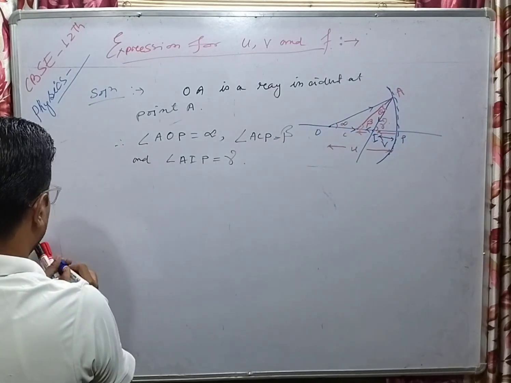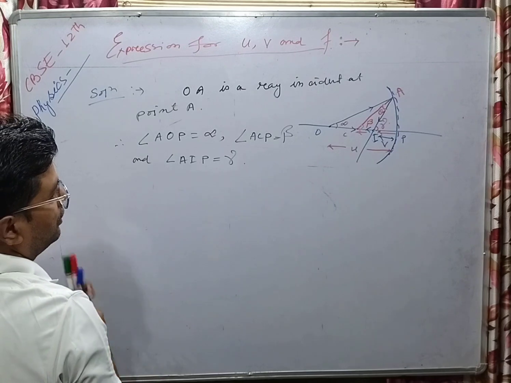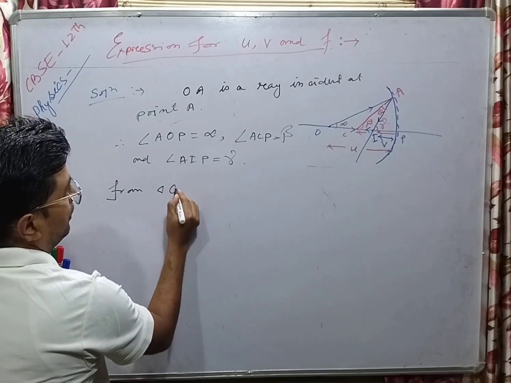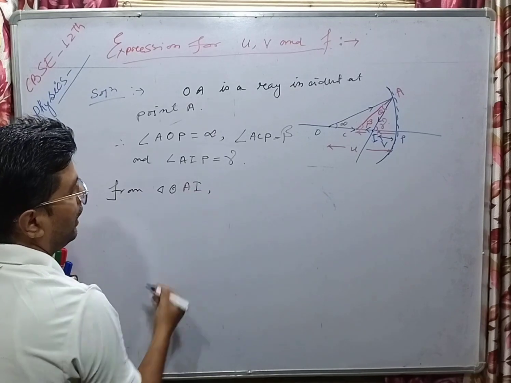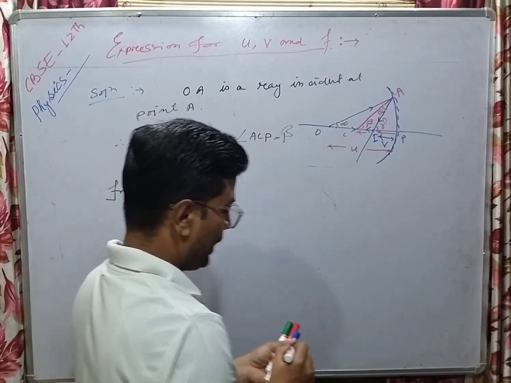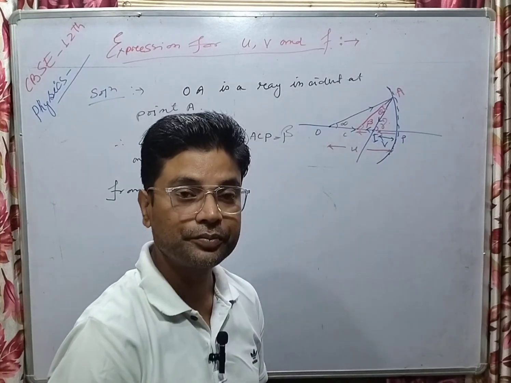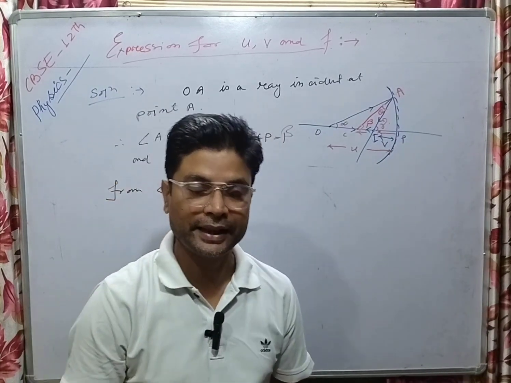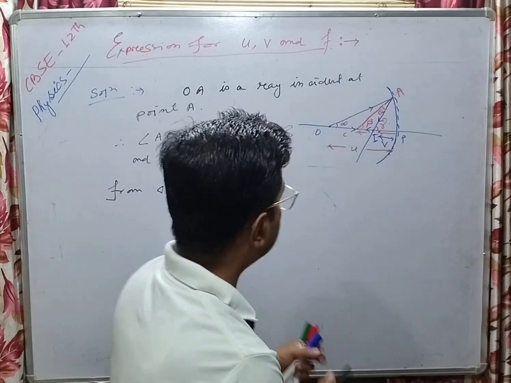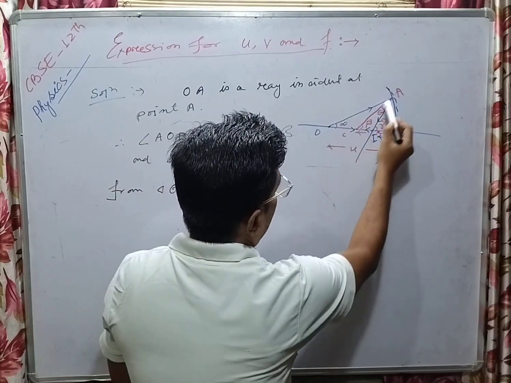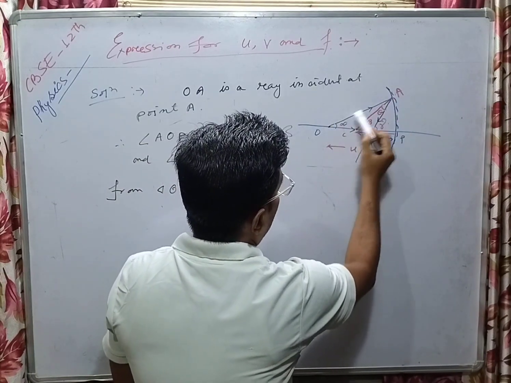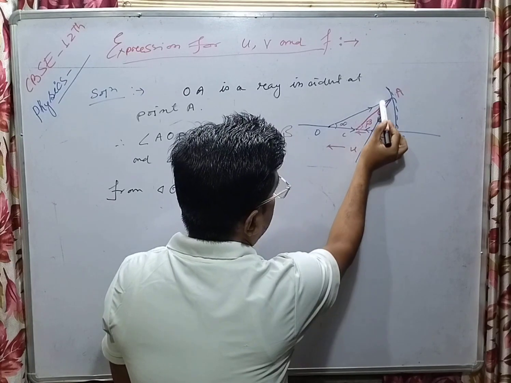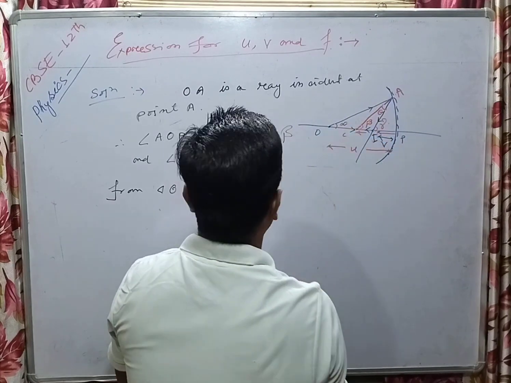From triangle OAI, I am going to use the external angle sum property. See, from the triangle, this angle is an external angle and these two angles are internal angles.